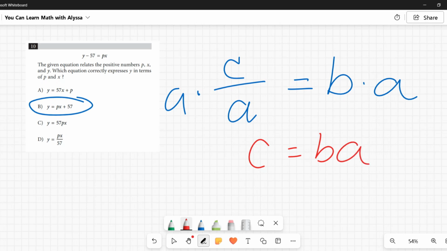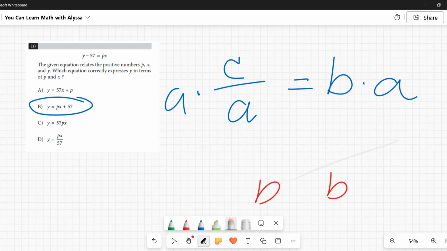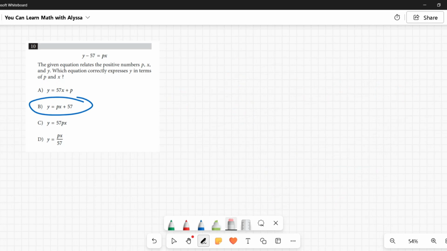And then you can get A by itself because you have C equals A times B. You can divide both sides by B, and then you're going to get that A is equal to C over B. So that's quick, but that's a little rundown of the other ways that they can present this type of problem on the SAT. But for this one, 10, it is B.